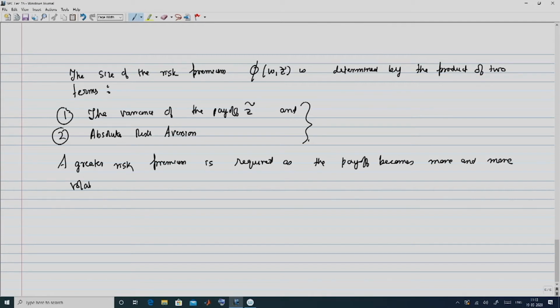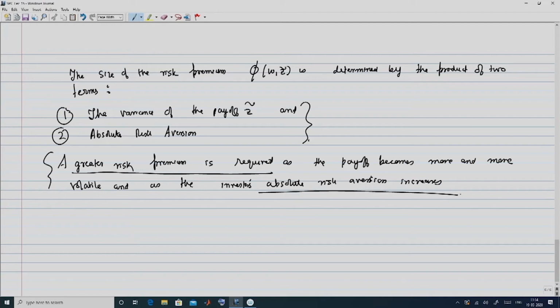That means, as sigma Z square becomes higher and higher, a greater risk premium is required, and as the investor's absolute risk aversion increases.